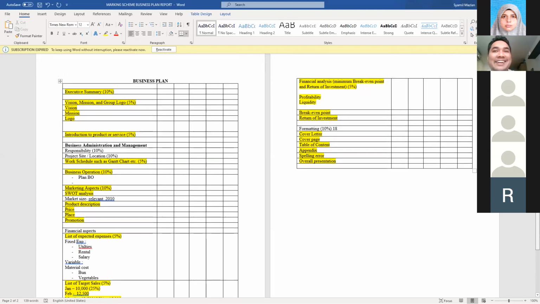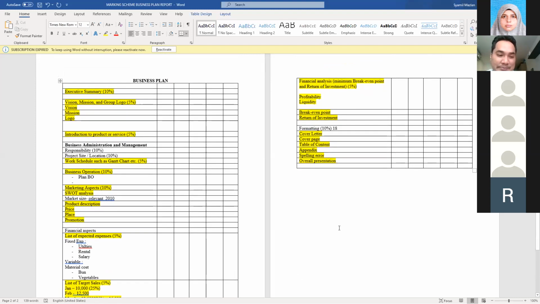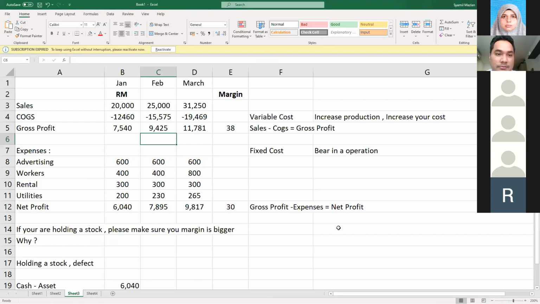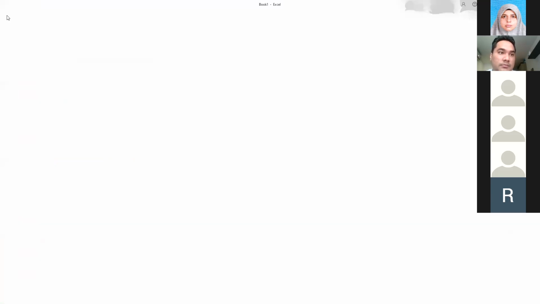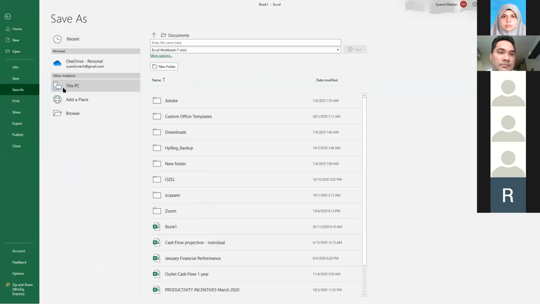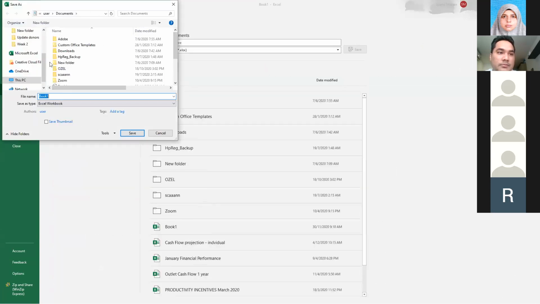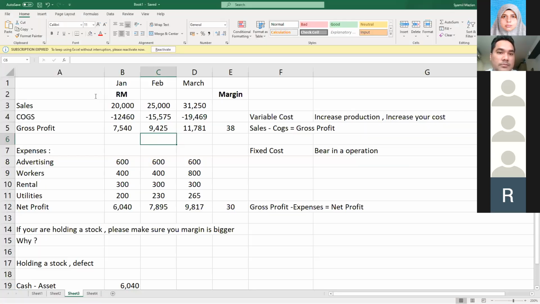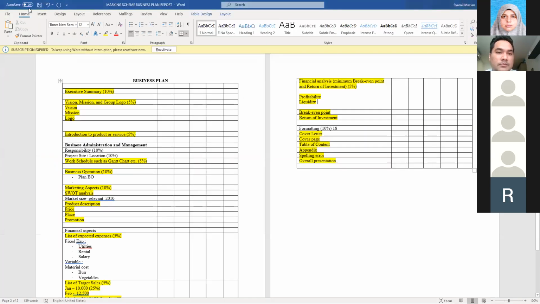Do you have any questions? If you cannot speak, you can at least type your question, because we want to know that you are paying attention. This is the chance for you to ask questions of Mr. Syamil. Doctor, for the format, are we supposed to do PDF, doc, or what kind of format for the business plan?